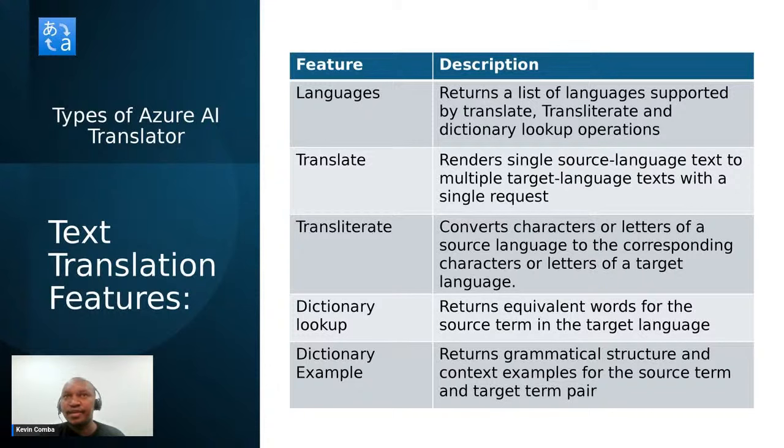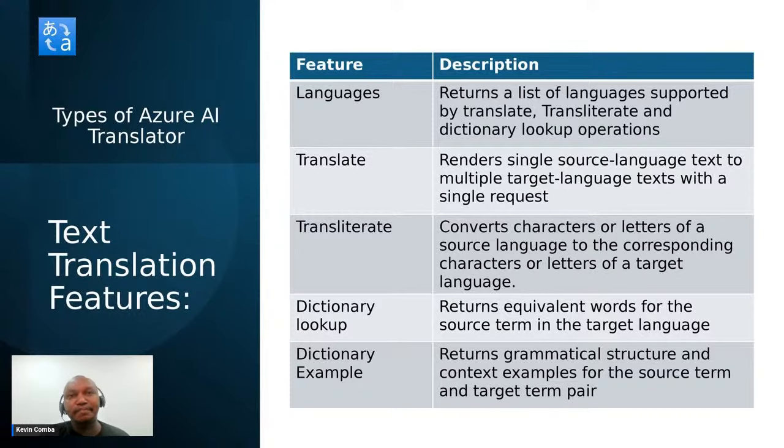Translate is going to render single source language text to multiple targeted languages. And then transliterate is going to convert characters or letters of the source language into the corresponding characters or letters of the targeted language. And also dictionary lookup is going to evaluate the word and the source term.